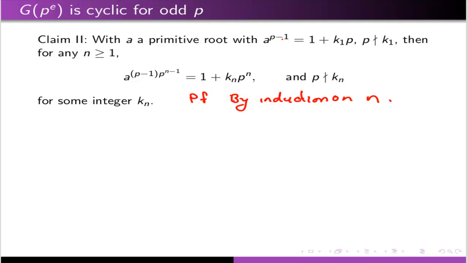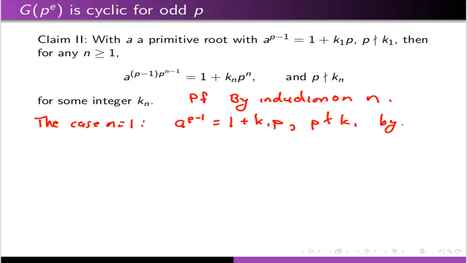So when n equals 1, this is just saying that a to the p minus 1, and this would be p to the 0 power, is equal to 1 plus k1 p, and by assumption, p does not divide k1.